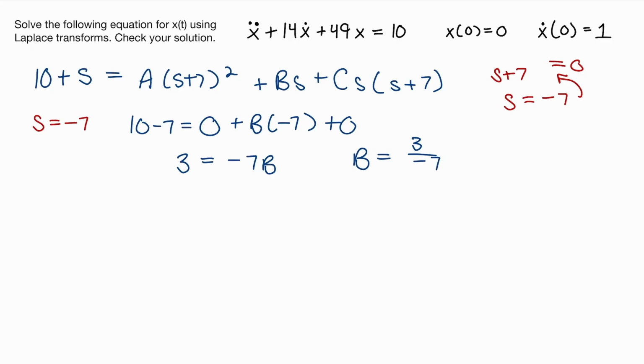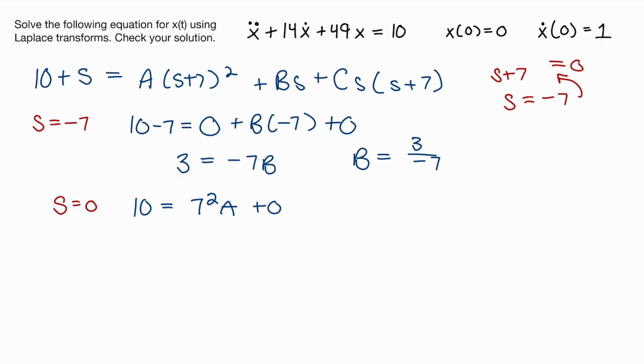What I'm seeing now is if we set s equal to 0, it'll cancel out the B term. So let's do that. s equals 0. Then we end up with 10 equals 7 squared A plus 0 plus 0 again, because that C is multiplied by s.